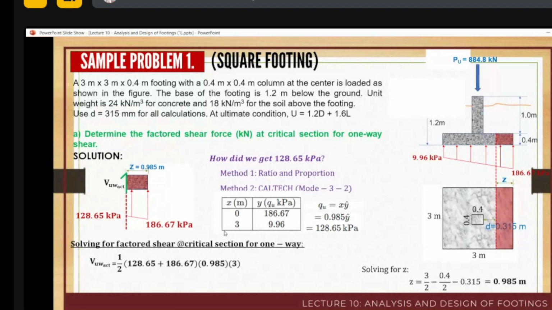Solving for what is required: the factored shear force, Vu, for the wide beam shear. To solve for this, you get the pressure. The qu is equal to the net area of the soil pressure.